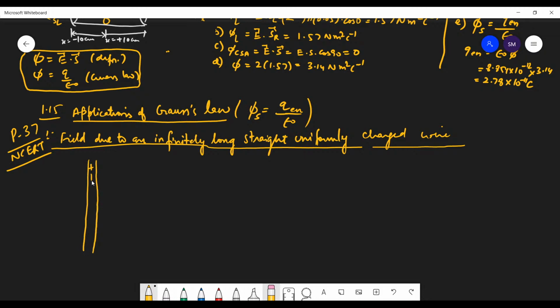So this is an infinitely long, straight, uniformly charged wire, and it has uniform linear charge density lambda. So lambda is the uniform charge density. The wire has obviously an axis of symmetry. So this is the axis of symmetry.